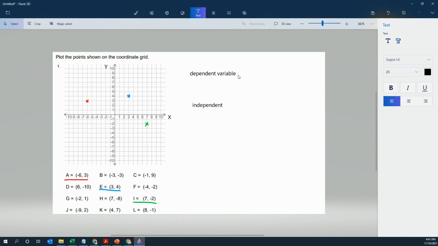And the dependent variable, that's the one that depends on the experiment, that's the outcome. And the independent variable, that's the one that's part of the setup. So the independent one is part of the setup. And traditionally, we graph the independent variable on the x-axis.